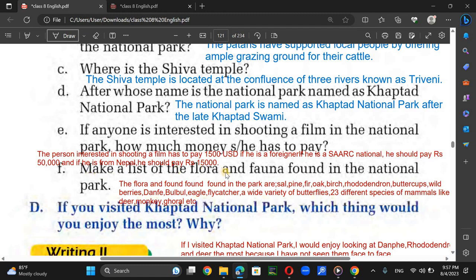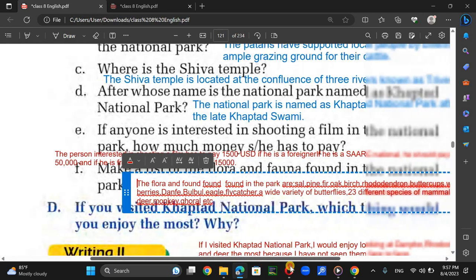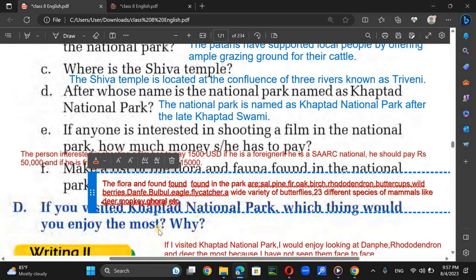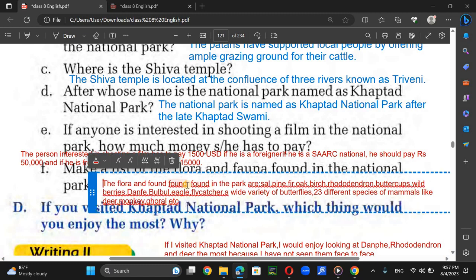Now make a list of the flora and fauna, plants and animals found in the national park. You can write the flora and fauna, the living things, here.